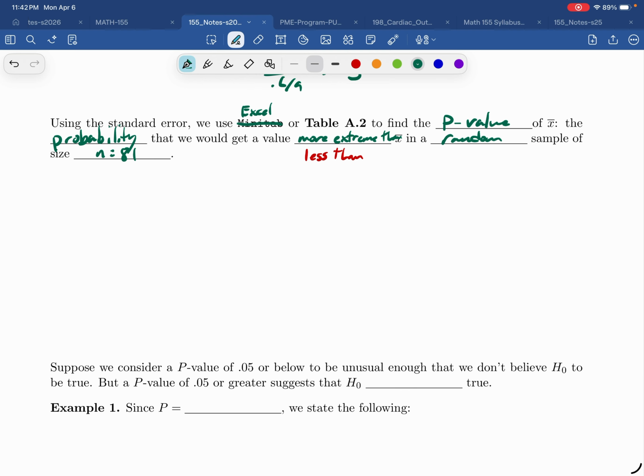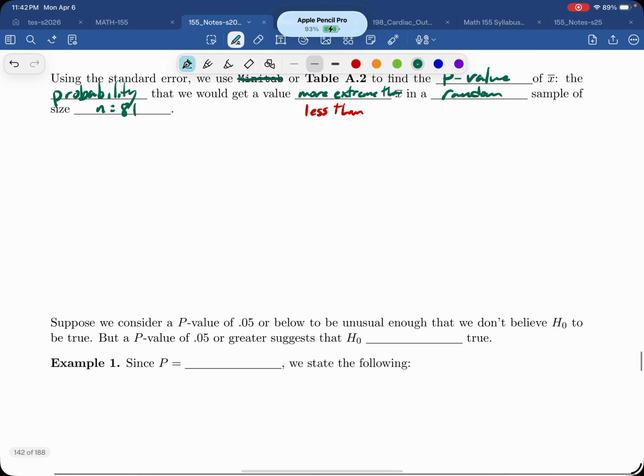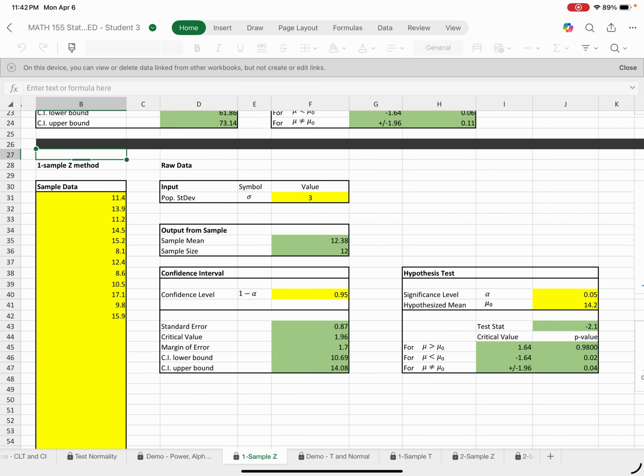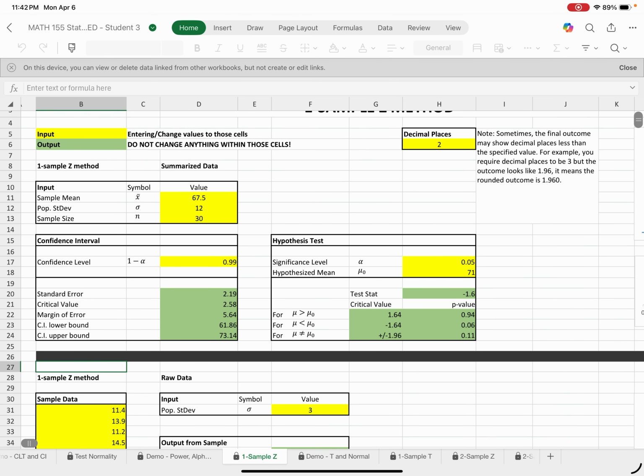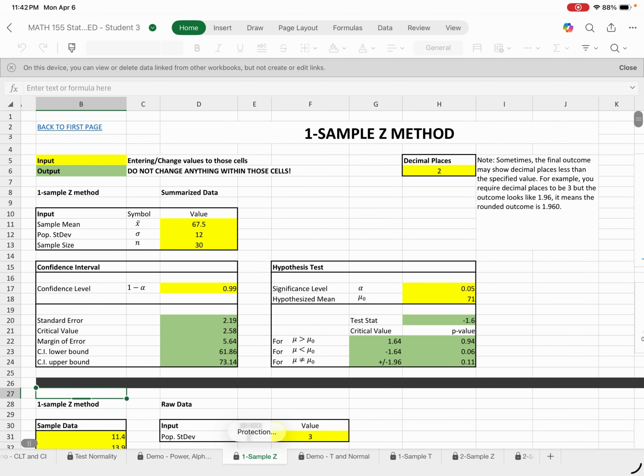Now, we can use the chart, but let's go ahead and use Excel. So if we go ahead and get out Excel, for this, I am in one sample Z because we are assuming that we know the population standard deviation. We're just going to put in our stuff, right?